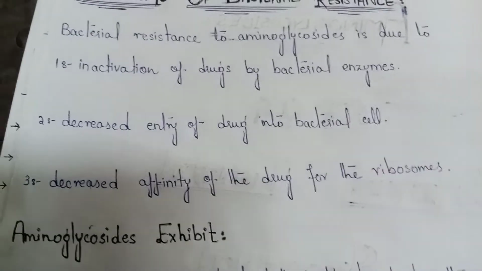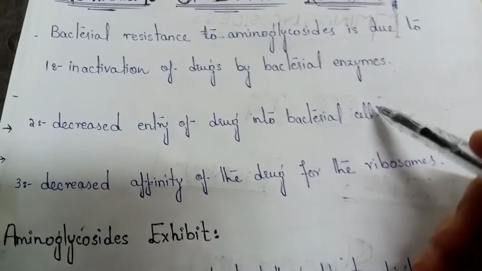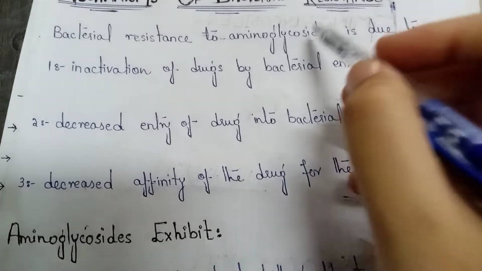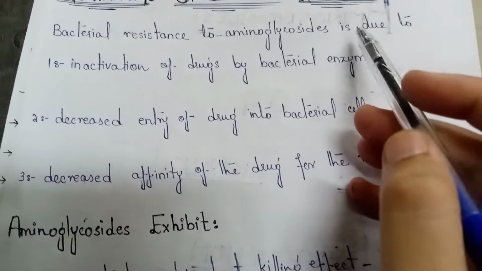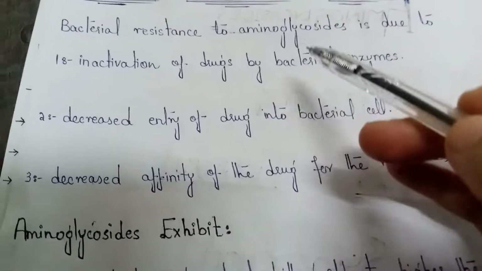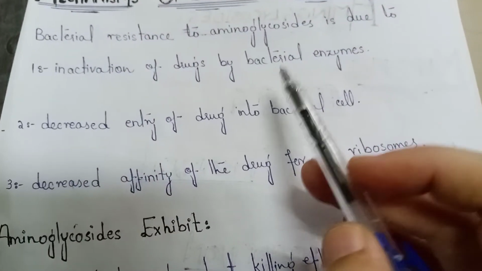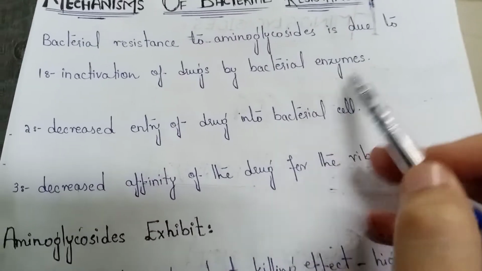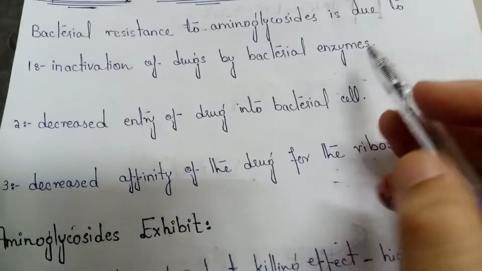For example, there are certain enzymes produced by bacteria, and when a drug is taken, the enzymes break down those drugs, and thus those drugs are then ineffective against the particular type of bacteria. Therefore, this is one type of bacterial resistance, meaning bacteria show resistance by producing certain enzymes that are then used to degrade or break down the drugs.